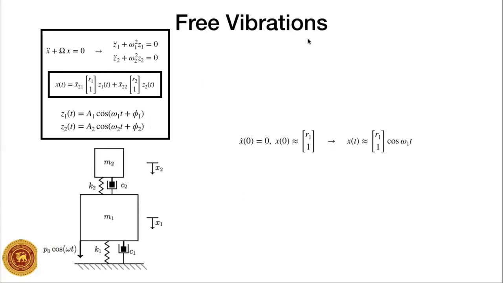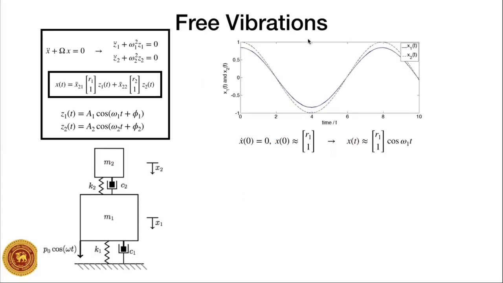If I had initial conditions, in this particular example, we can explicitly write it down. We can find that under these initial conditions, the solution is this, and this is what you actually see. So if you look at those expressions that we derived a couple of slides ago, R1 is positive, and therefore, if mass 2 moves by 1 unit, R1 will also be positive, but magnified by some scalar.